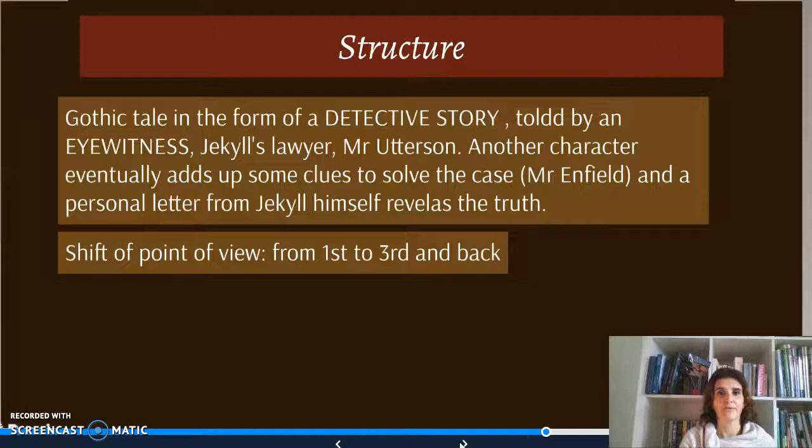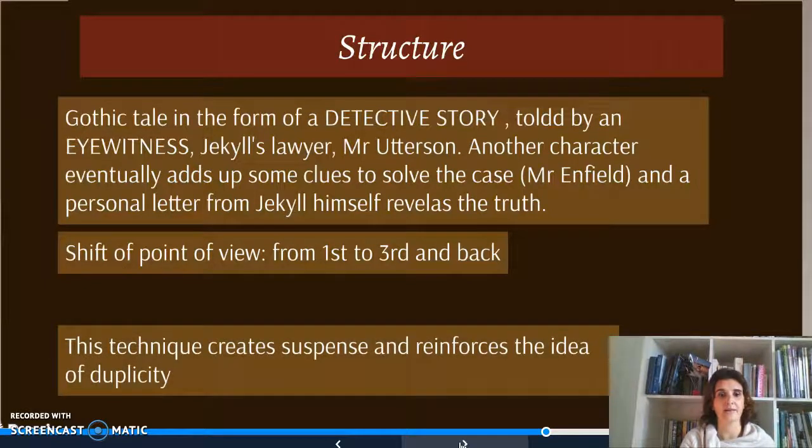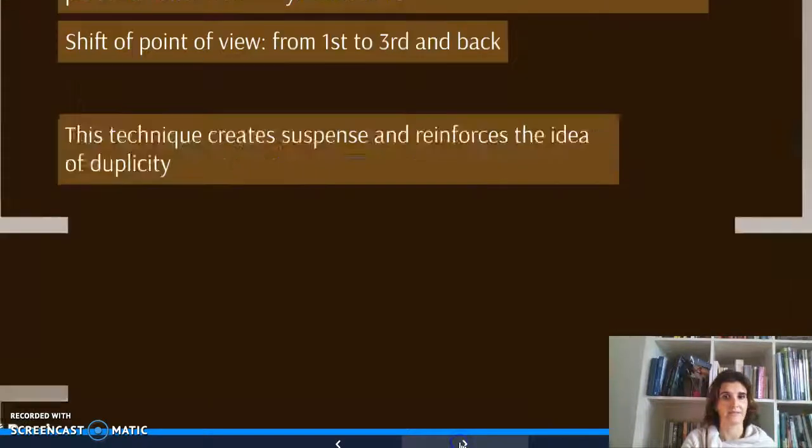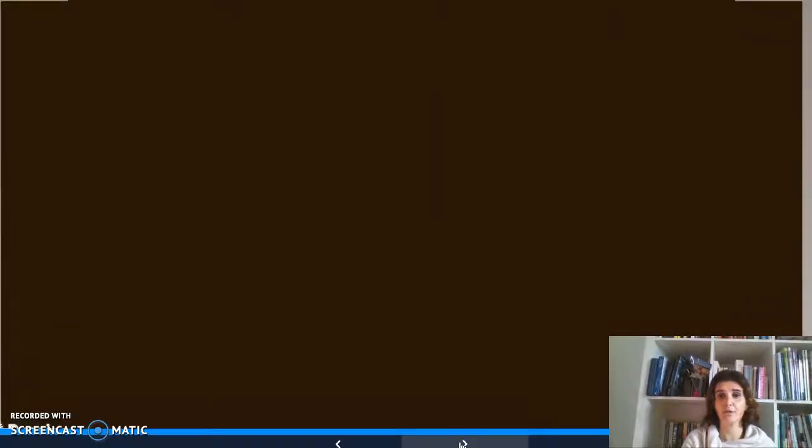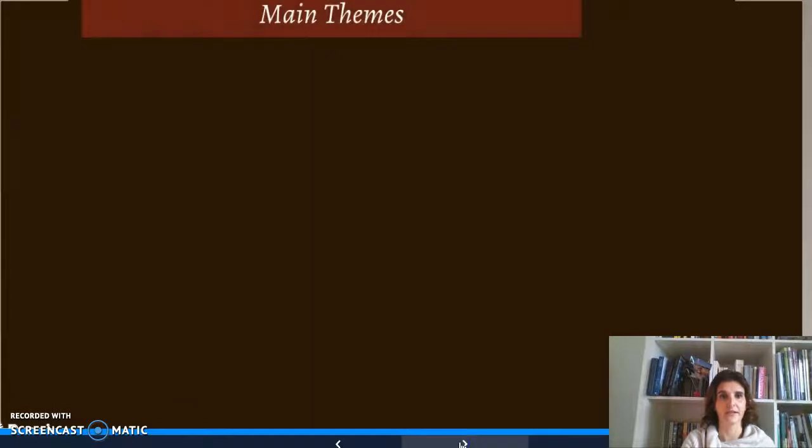There is a shifting point of view from the first-person narrator to the third-person narrator and back. This continuous shifting creates a sense of suspense and reinforces the idea of duplicity, of two different points of view, two different situations, good and evil.